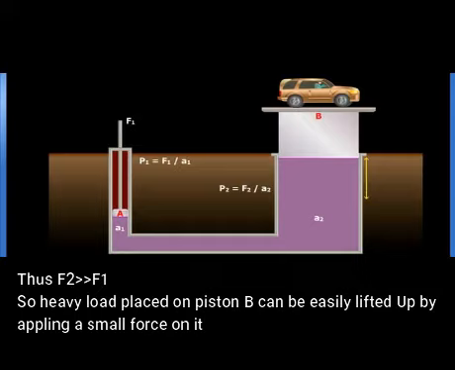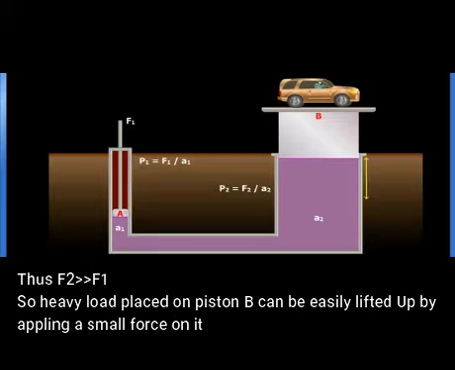As force F2 is larger on piston B, piston B is lifted upward very easily if we just apply a small force on piston A. So a heavy load placed on piston B can be easily lifted by applying a small force on piston A.